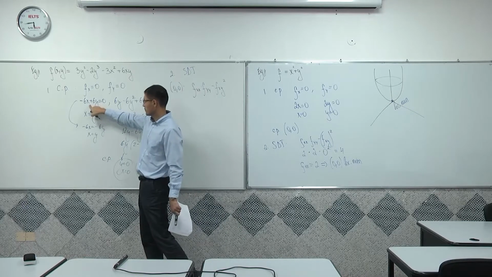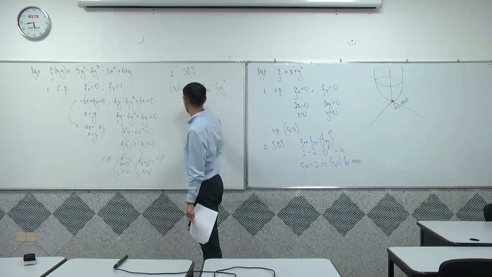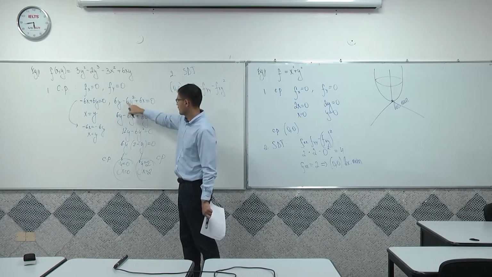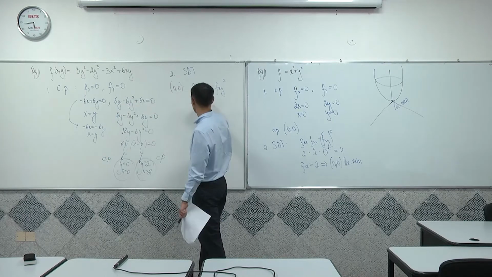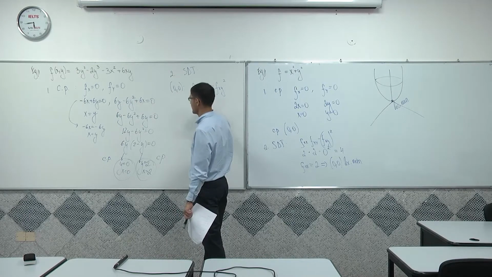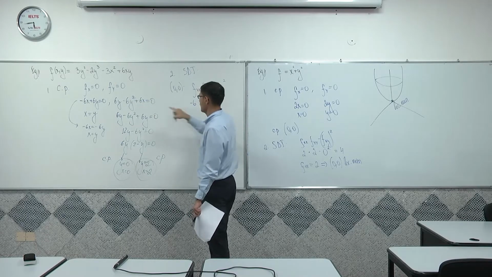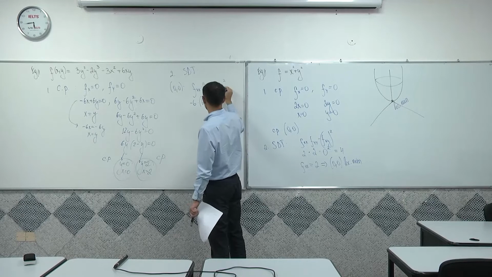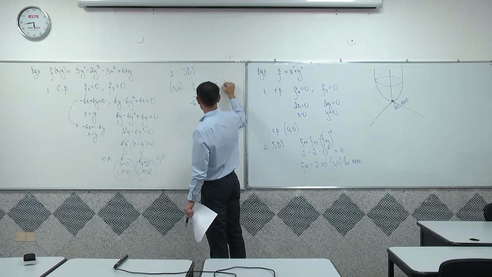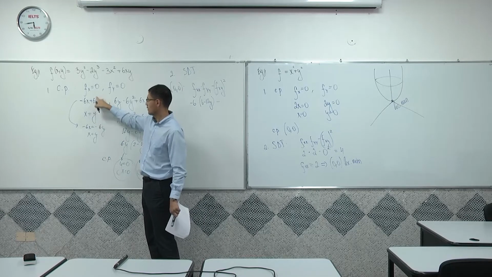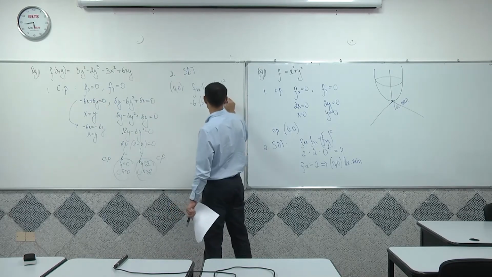This was the first derivative with respect to x. If I take another derivative with respect to x, this becomes negative 6. This was with respect to y. If I do another time with respect to y, I get 6 minus 12y, and this is 0. And then over here, I have to take with respect to x, which is here, and then take with respect to y, and that will give me 6.